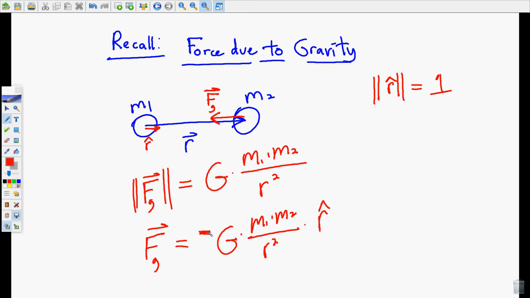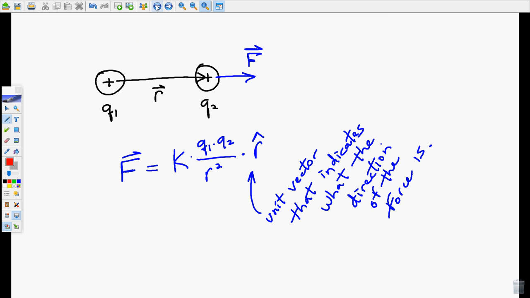So the force due to gravity has that negative sign because when r is positive, Fg is in the opposite direction. But notice we don't have that scenario when we're dealing with the electrostatic force. If you have two charges, if r is positive, the force here is positive, as long as both charges are positive, by the way.